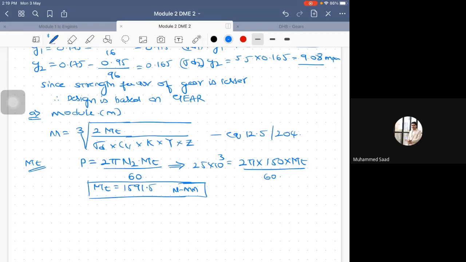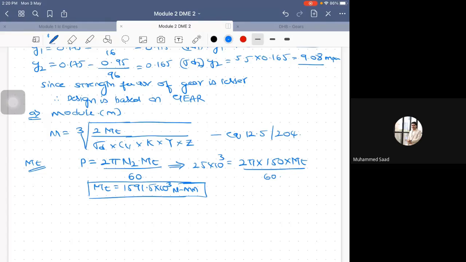Is this correct? No, I want it in Newton mm, so into 10 to the power of 3. Now it is correct: 1591.5 times 10 to the power of 3 Newton mm. Yes, good. Now mt is done.